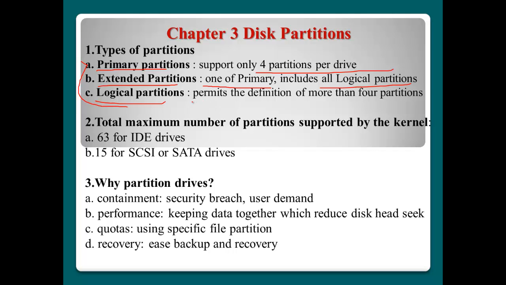The logical partitions permit the definition of more than 4 partitions. In case we want more than 4 partitions, we need to use logical partitions. For the total maximum number, in case of IDE the maximum is 63, and for SCSI or SATA the maximum is 15.